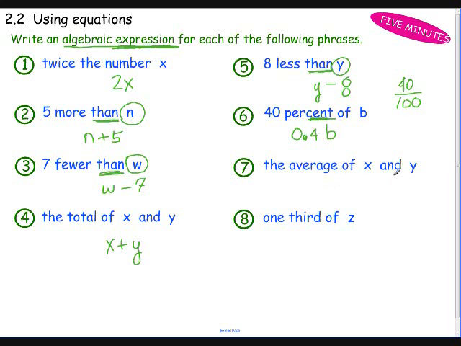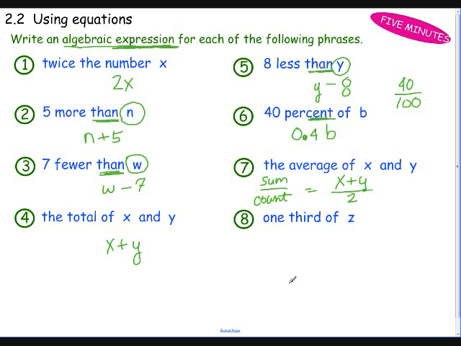The average, now we have to remember what average is. It's the sum divided by the count. Average is the sum divided by the count, which in this case is x plus y, that's our sum, and how many are we adding together? 2.